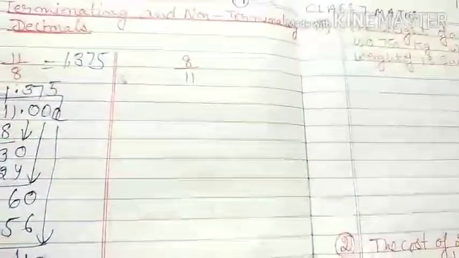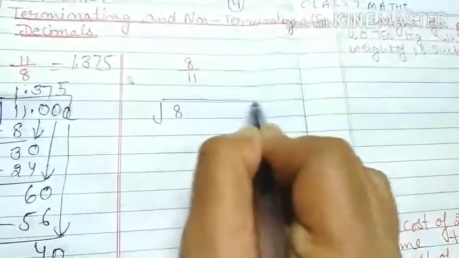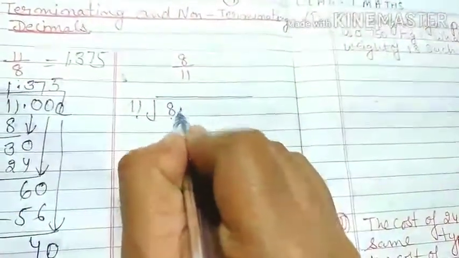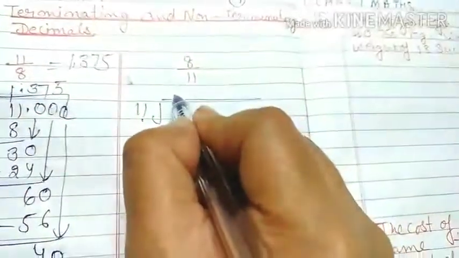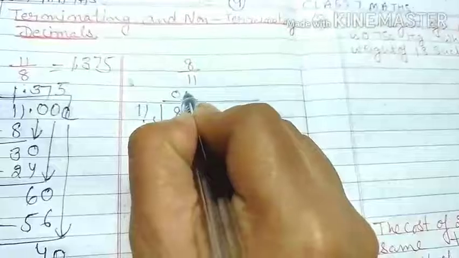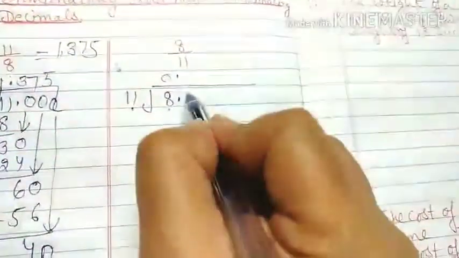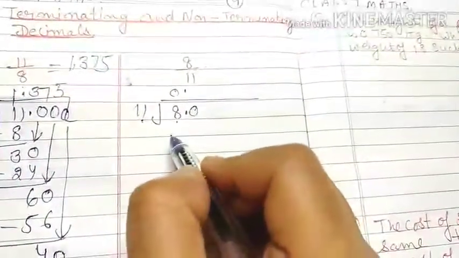Place the decimal point in the quotient and divide. Here 8 is there. Now I divide by 11. The divisor 11 is the bigger one but the dividend is the smaller one. So what I do, I mark a decimal here, in the dividend as well as in the quotient. Now I carry 0 to make the number bigger than the divisor.